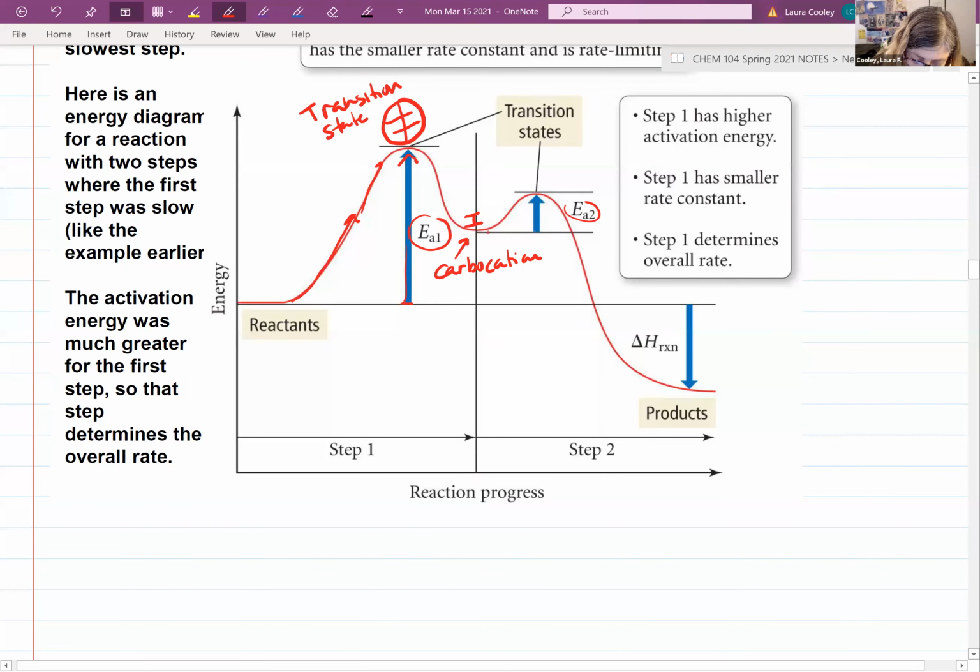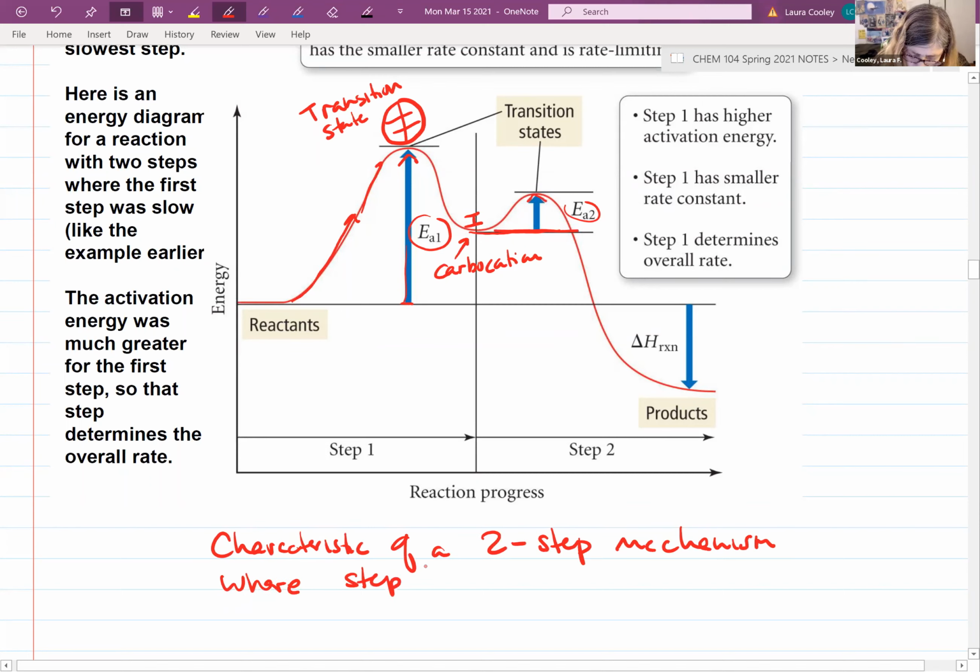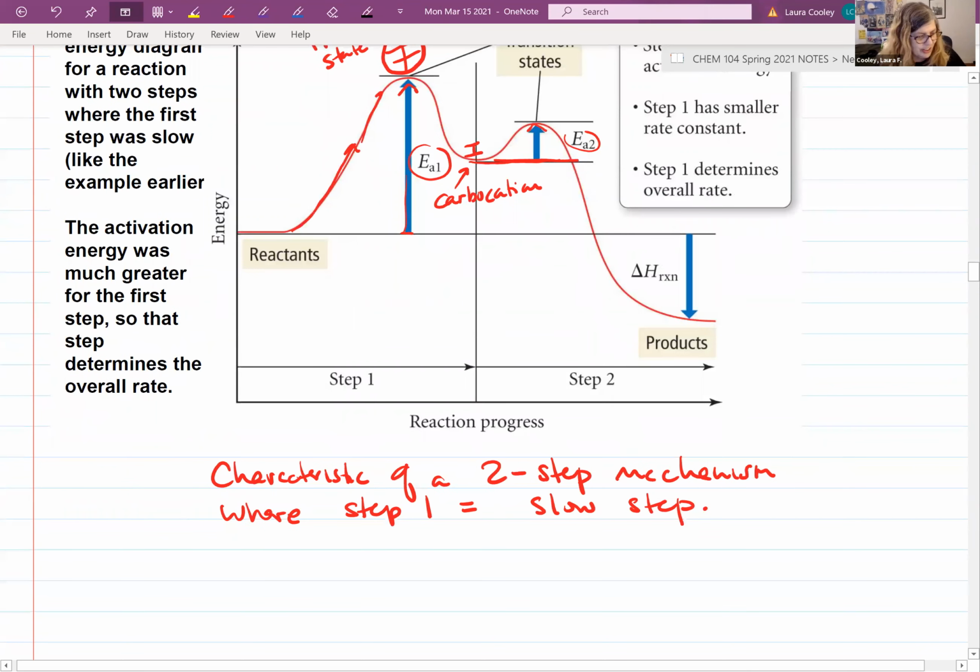And now you're going from this intermediate here to the next bump, it's much smaller. So this is characteristic of a two-step mechanism, where step one is the slow step, and step two is fast.